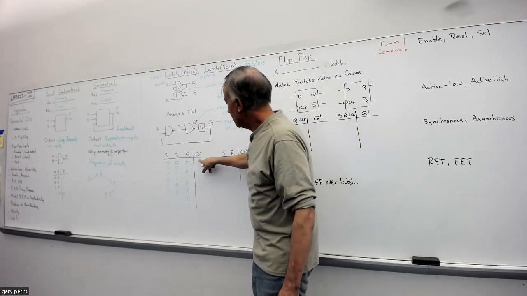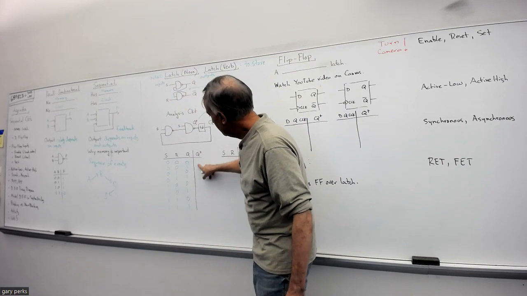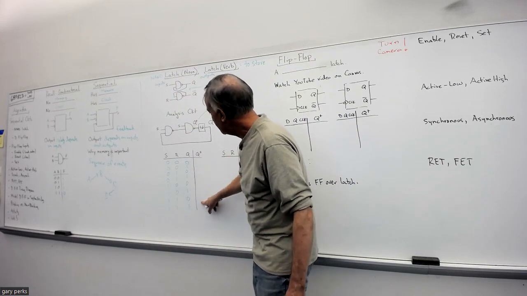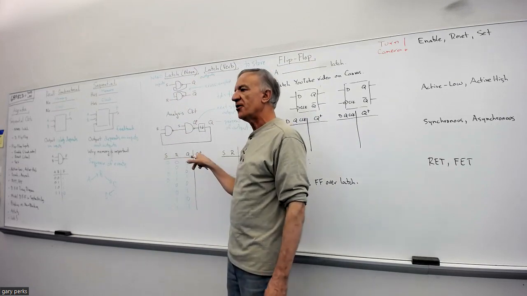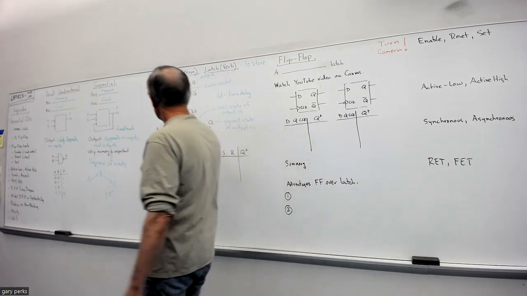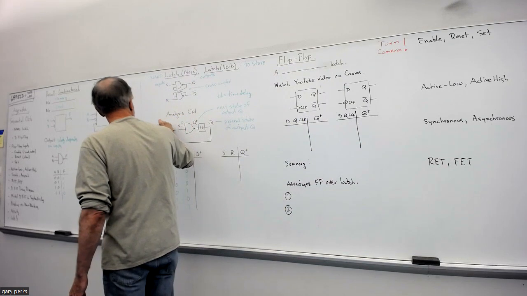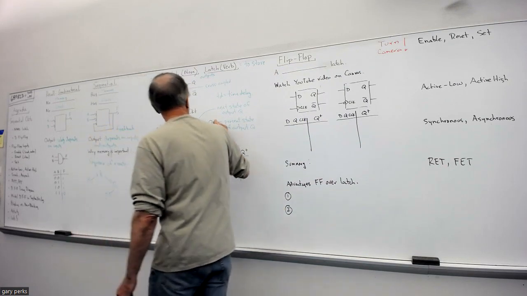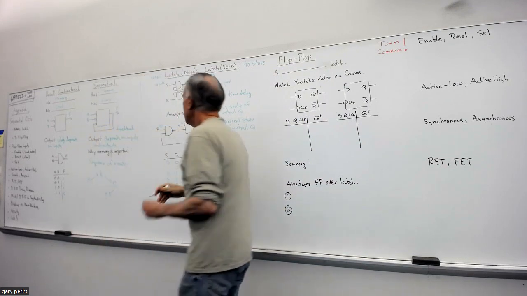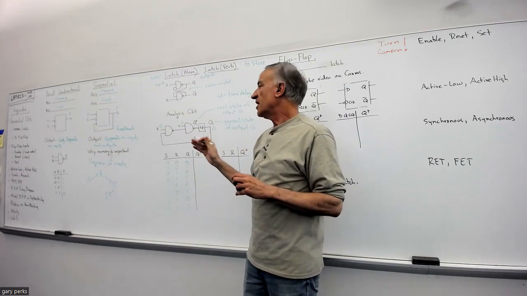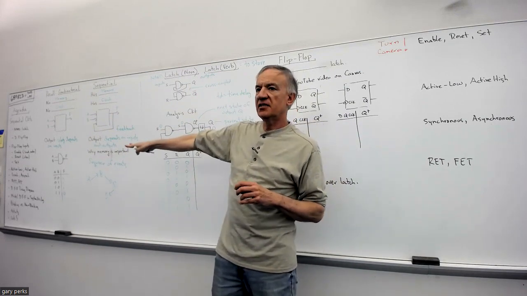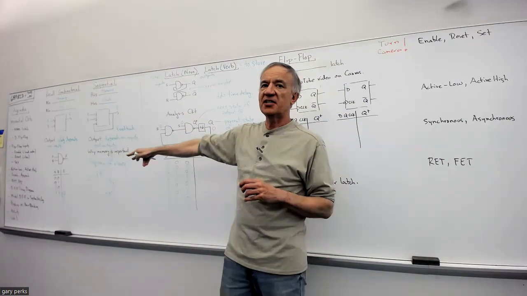All right, so now we're going to come up with the output here, the next state of Q, and we're just going to go row by row. First row, S is 0, R is 0, present state of Q. Now, this is where getting some insight into a truth table can help us.